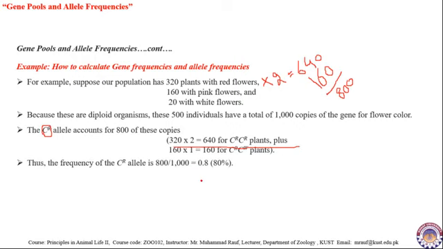Now calculating the frequency of the CR allele. What is the formula for calculating the frequency of a particular allele?